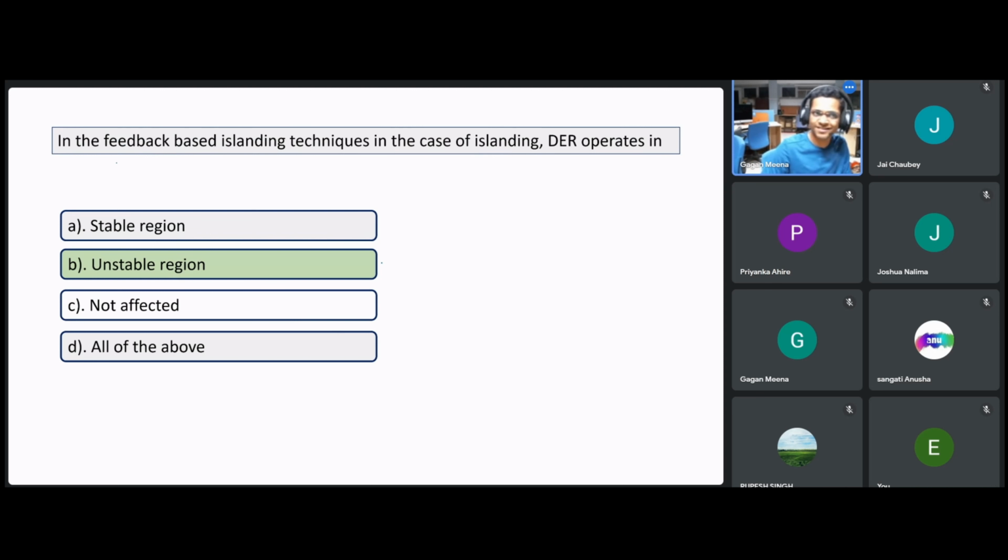So then, tell me, why is this feedback-based islanding technique driving the DER into unstable region? If everything is clear, can you answer this? So we are saying that these techniques drive the DER into unstable region.